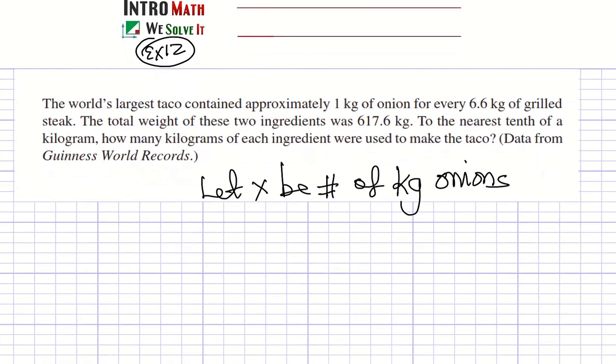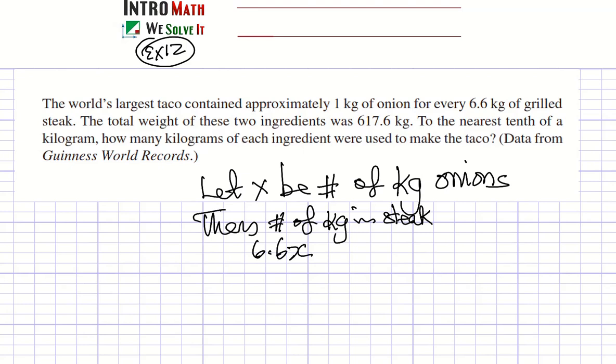Okay, and then because it said approximately 1 kilogram of onion for every 6.6 kilograms of grilled steak, because every kilogram of onion gives you 6.6 kilograms of steak, the number of kilograms in steak will be 6.6x.